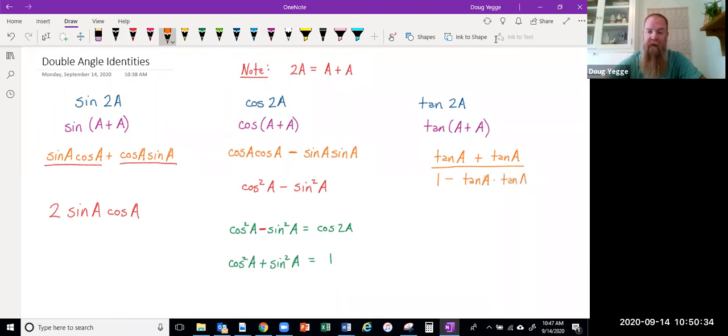But because these angles are the same, we could combine these into one single formula and say that tangent of 2a is the same as 2 tangent a divided by 1 minus tangent squared of a. And so all of these just turn out to be some special forms of the sum formula for sine, cosine, and tangent.